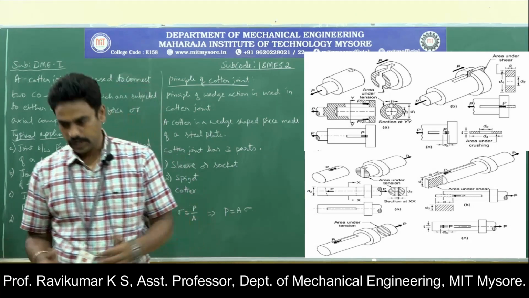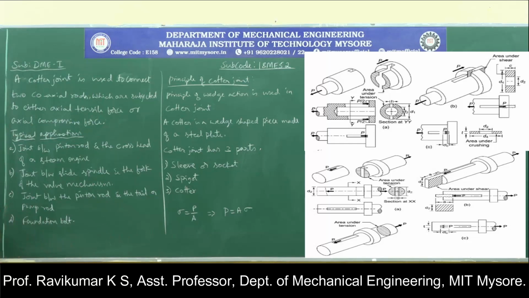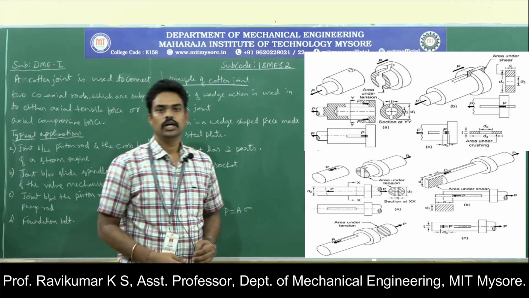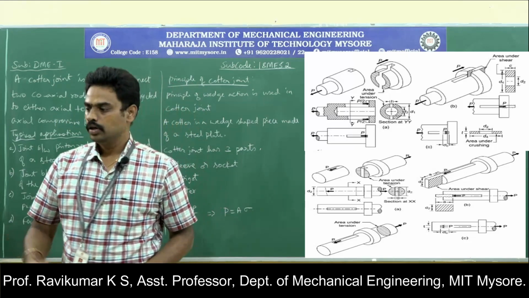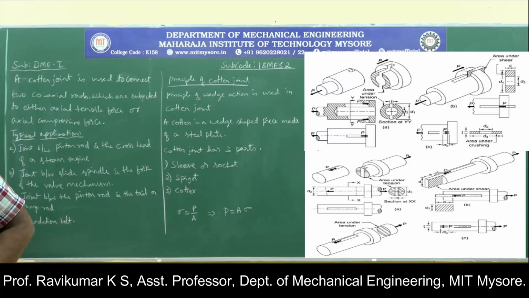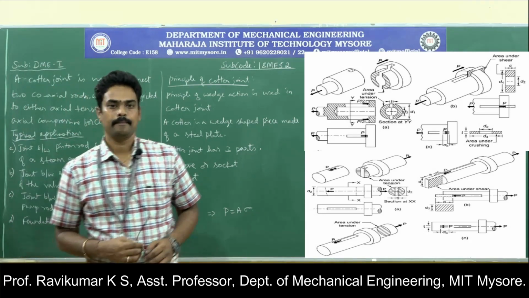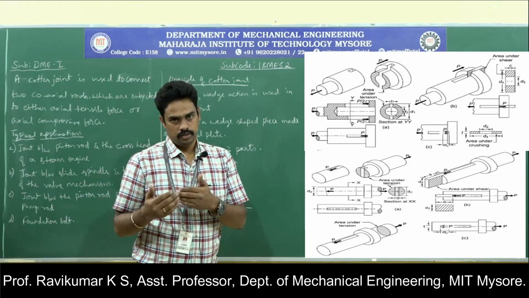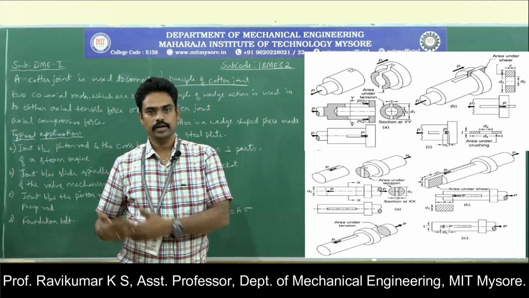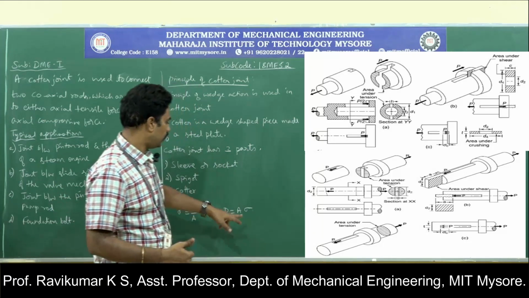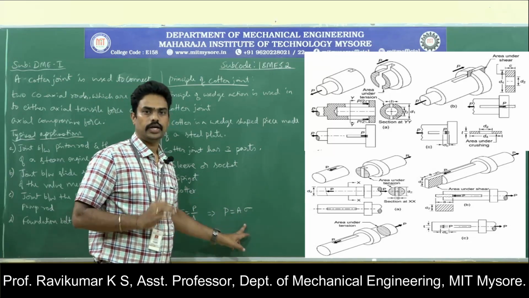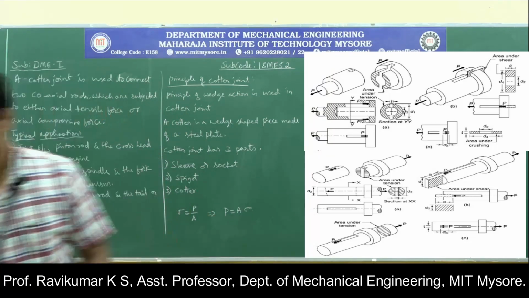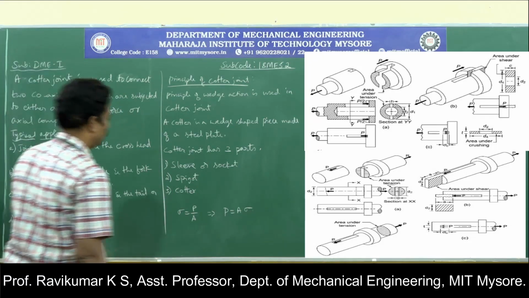If you open your data handbook and go to page number 65, the equations start from 4.16a, b, c, d, like that. You will find the same formula, P is equal to A into sigma, where you need to concentrate on the area.